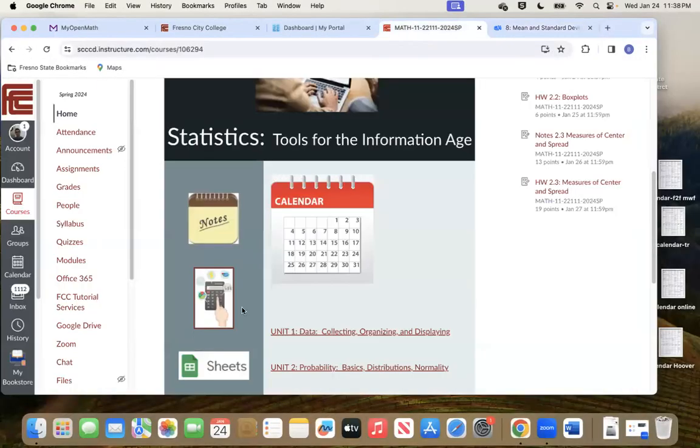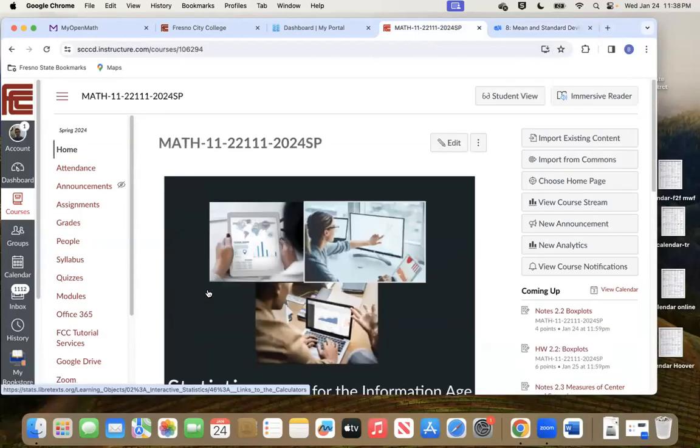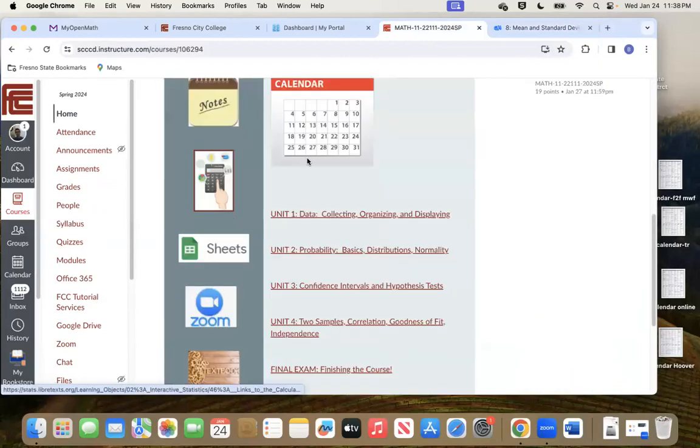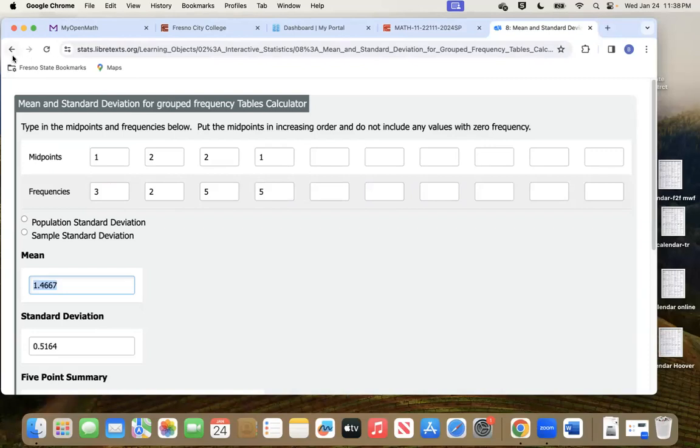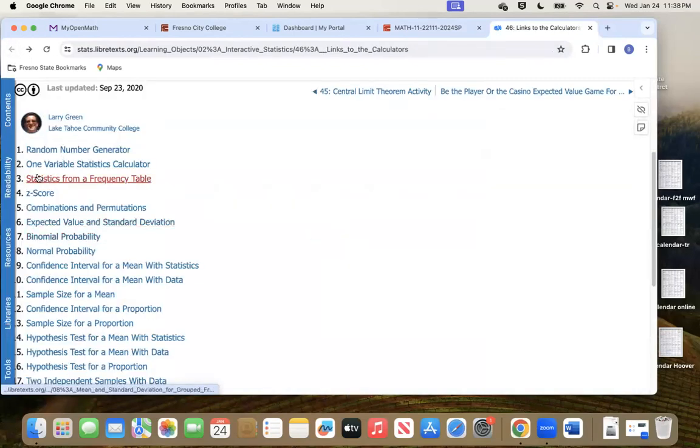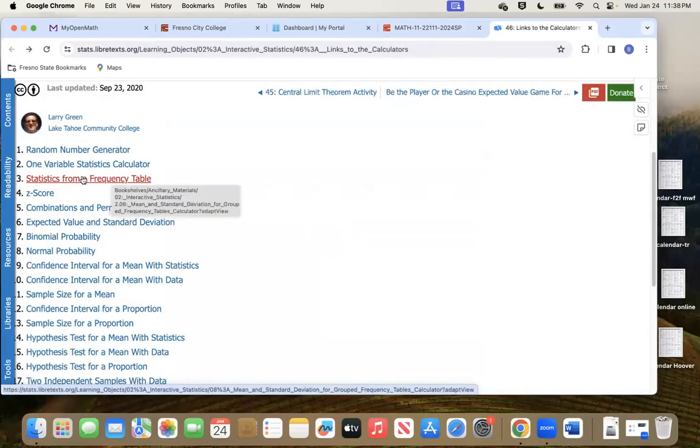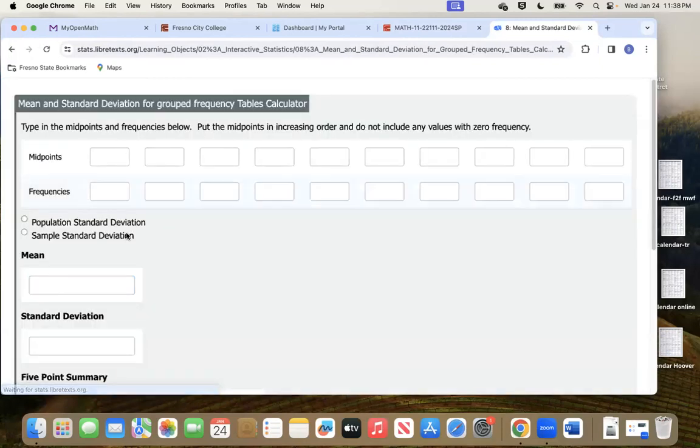So you go to the home page of the Canvas course, click on the online calculator, and this is going to be number 3, the statistics from a frequency table, because this has frequencies. Now the midpoints, those are the number of pairs of shoes. So that'll be 4, 5, 6, 7, 8, 9, 10, 11.